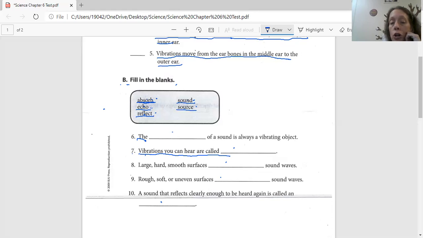Those vibrations called reflect? Those vibrations called sound? Or those vibrations called source? Put the correct answer in here. 1 blank, 1 answer. Make sure to cross off the one you choose up here so you don't accidentally put that one in twice.